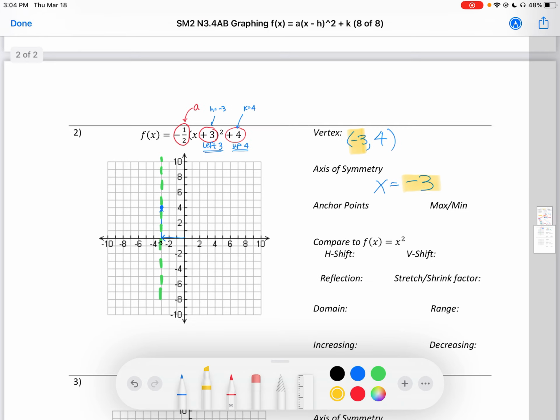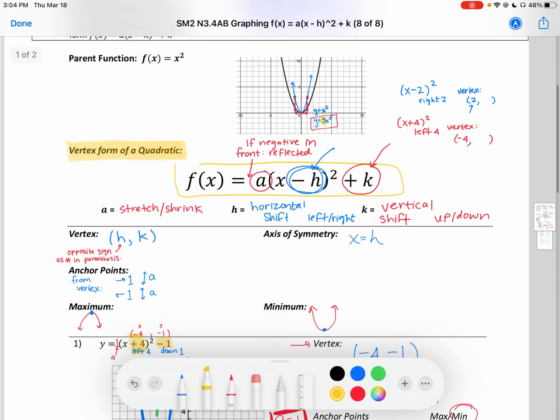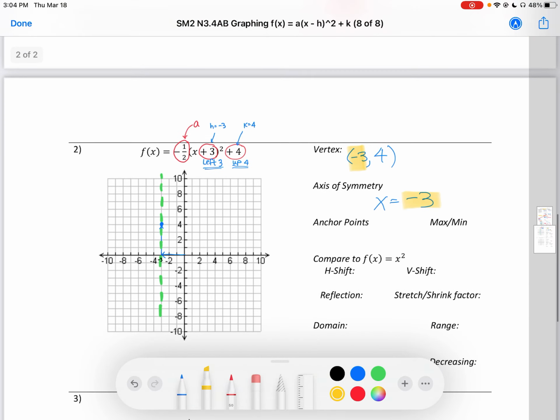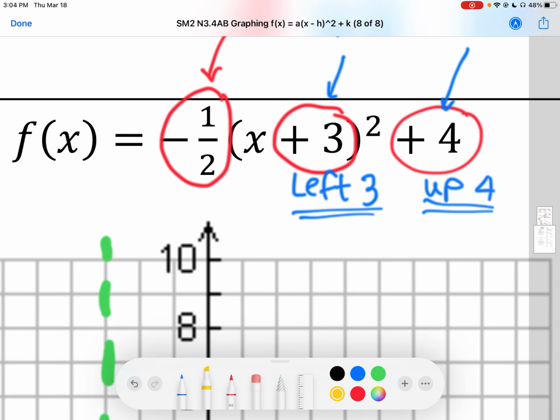Okay, our anchor points. Now to get our anchor points, we're going to go left and right 1 from either side of the vertex, and we're going to go up and down depending on what A is. Well, down here, A is -1/2. So we have a 1/2, but negative means we flipped it down. We went down instead of up.